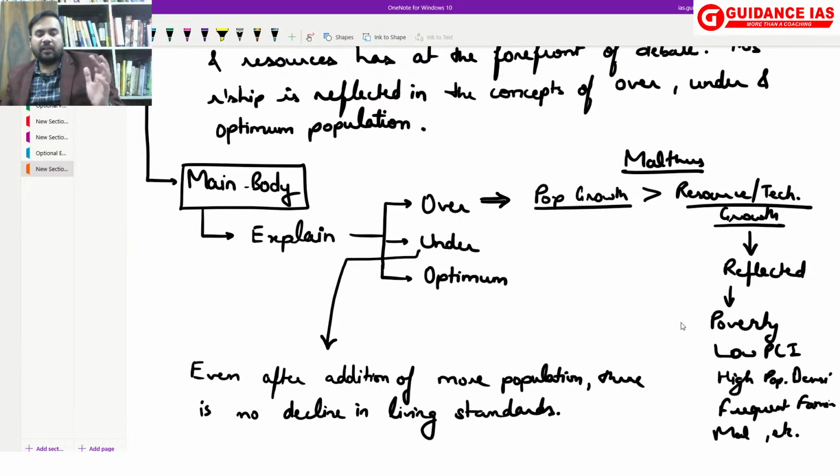So even if you add more people in an area, the standard of living is not declining. That is what we call the situation of underpopulation.